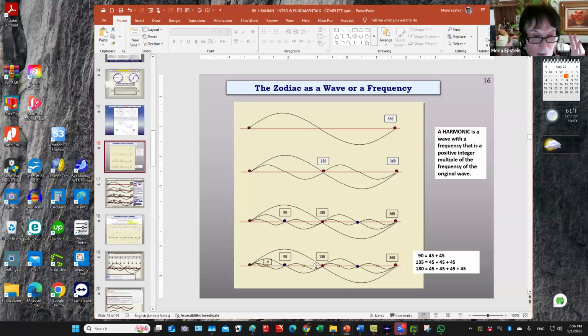So these are literally frequencies of waves. This is called harmonics. I don't want to spend too much time, but this is known as the harmonic theory. So when you follow this division, aspects are a series of harmonics.